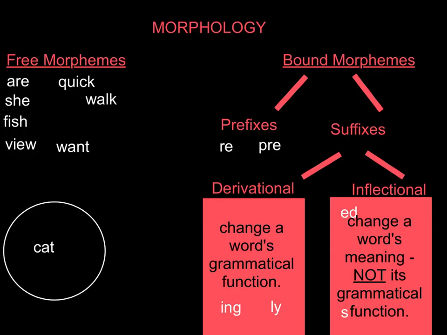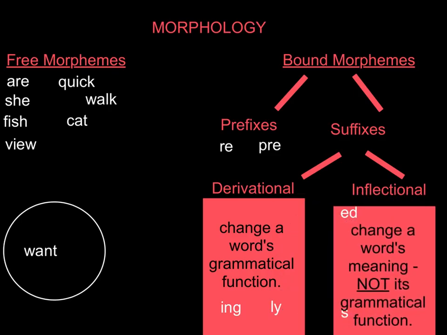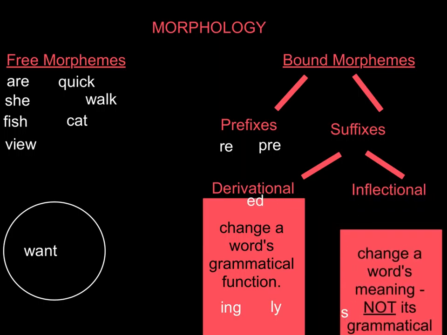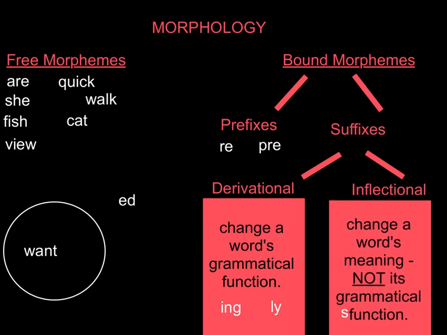Let's move that back out of the way. Let's look at another example. Let's take a very traditional verb, want. When I take an inflectional suffix, like ed, I go from want to wanted.